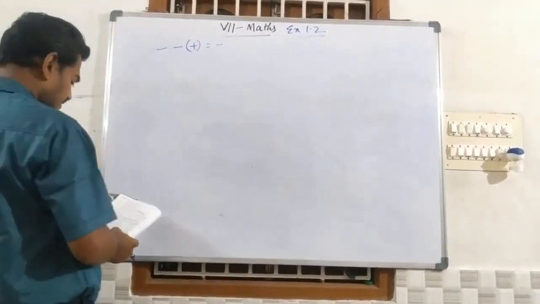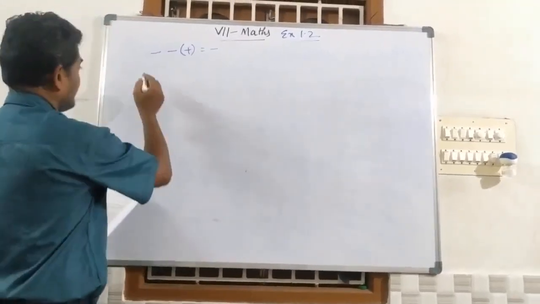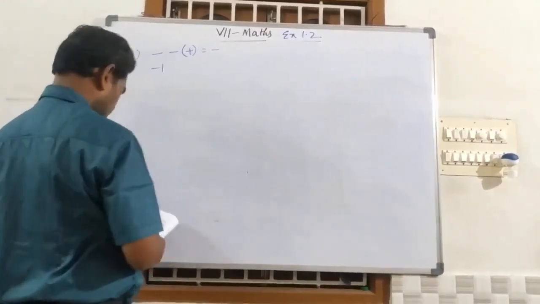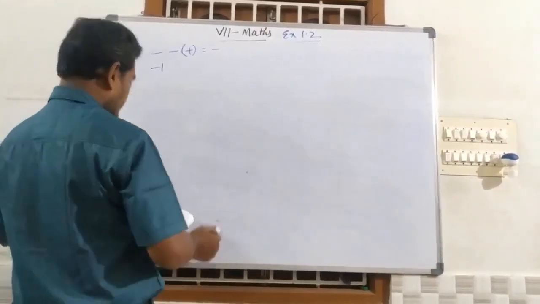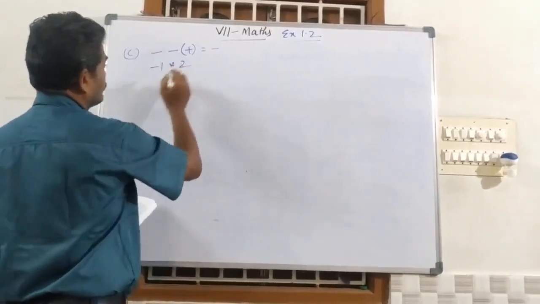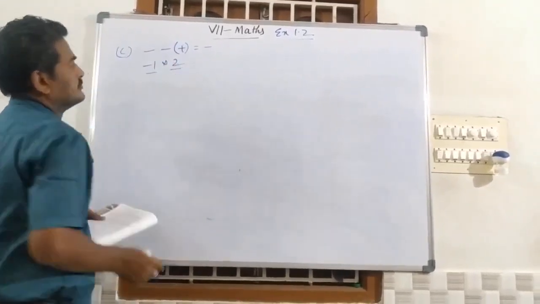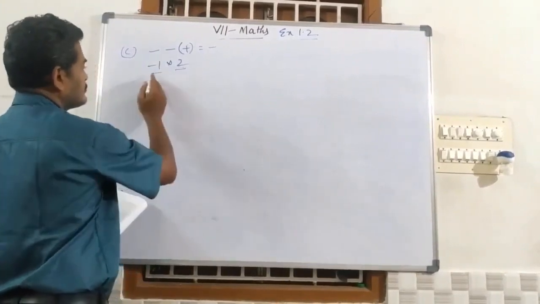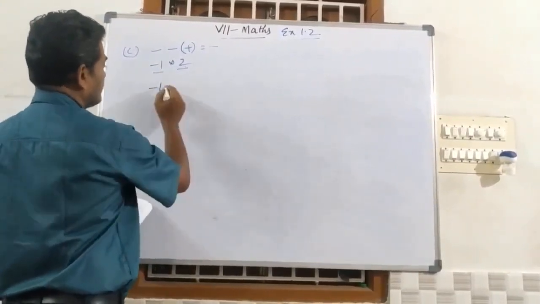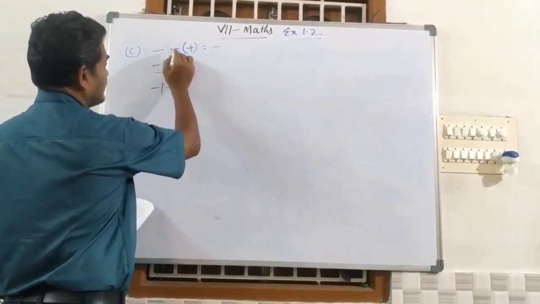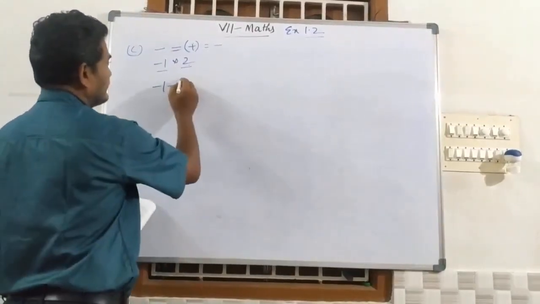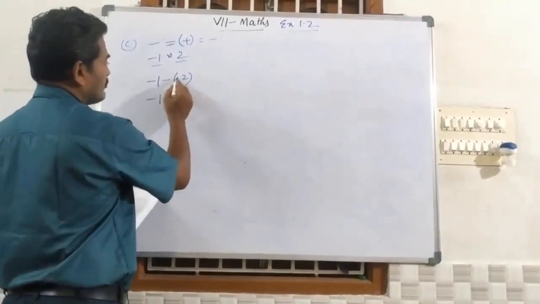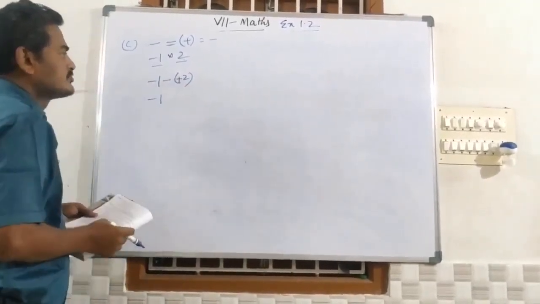That means first we take a negative number, minus 1, and 2: negative and positive. So minus 1, difference, 2, that equals minus 1 minus 2. Here there is no symbol before 2, which means it is plus 2.